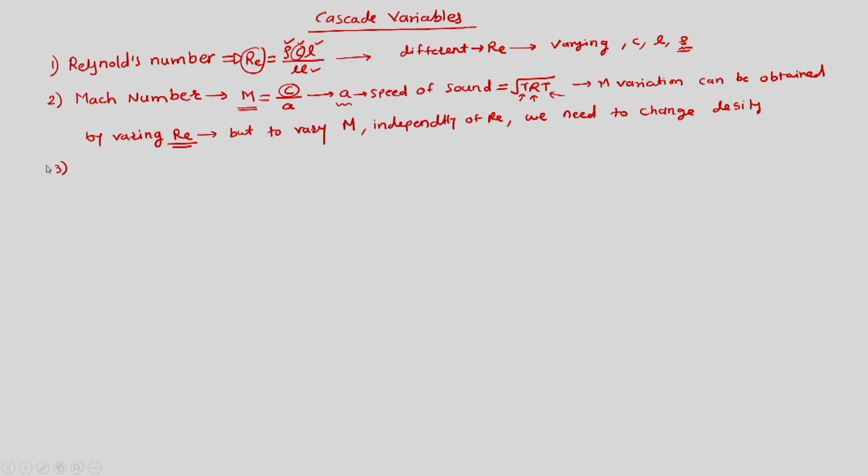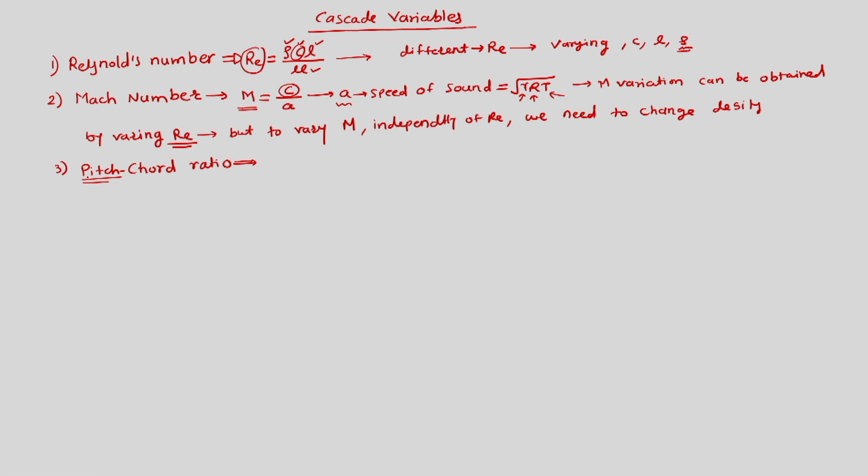The third variable in the cascade variables is pitch to chord ratio. We know chord is the distance between leading and trailing edge of the aerofoil. We are going to see these terminologies further. Pitch is the spacing between two blades in the rectilinear cascade.